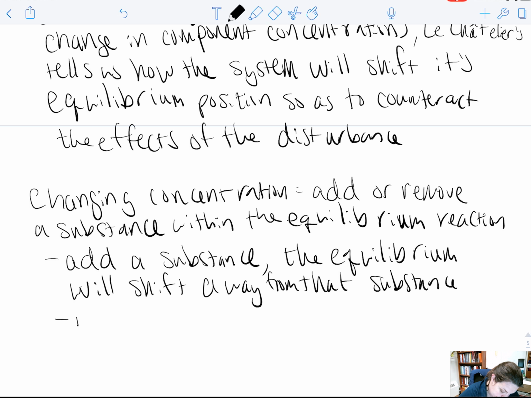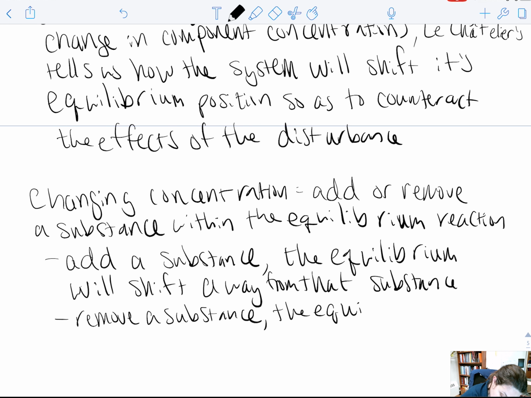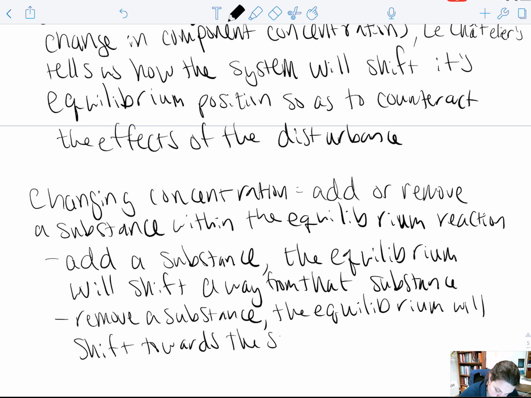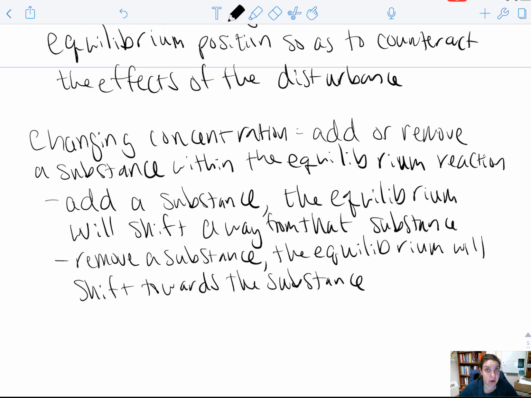Okay, if we remove a substance, the equilibrium will shift towards that substance. So if we remove a reactant, we'll move towards reactants. If we remove a product, we'll move towards products. Okay.